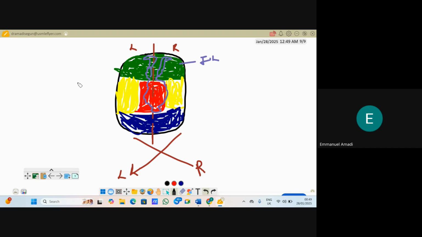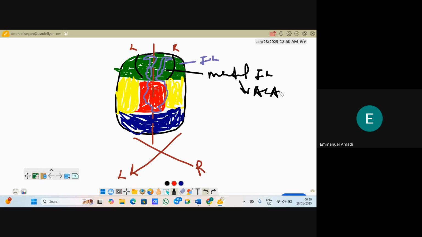Now, the first artery is the one that will supply this portion here that I'm enclosing in black. See this portion I'm enclosing in black. So it supplies the medial frontal lobe. That artery is what we call the anterior cerebral artery, ACA.